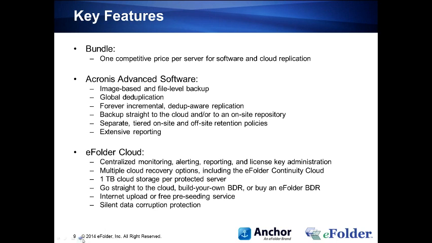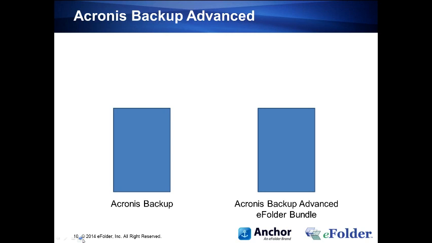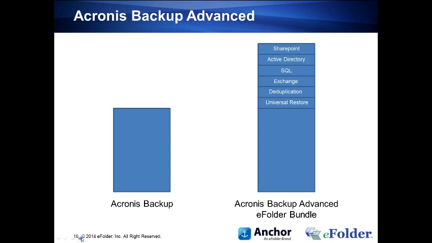So let's dive into this in a little bit greater detail. The first thing I want to mention is some of you might be familiar with Acronis or have used it, or maybe have some of it deployed to your clients. The one point I want to make clear is that what we're bundling with this solution is what's called Acronis Backup Advanced.